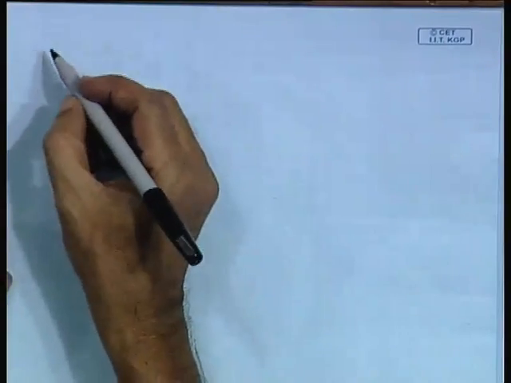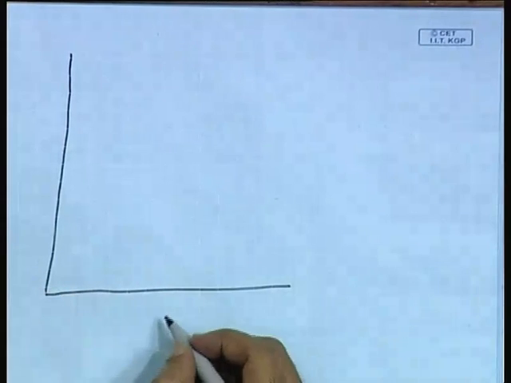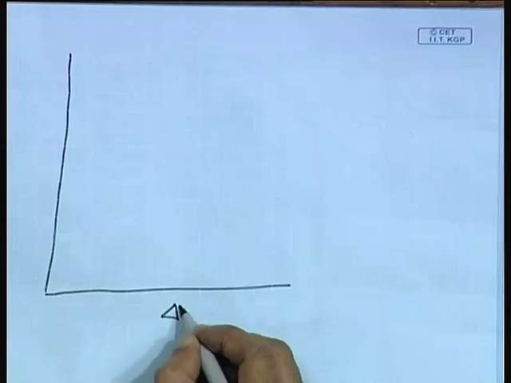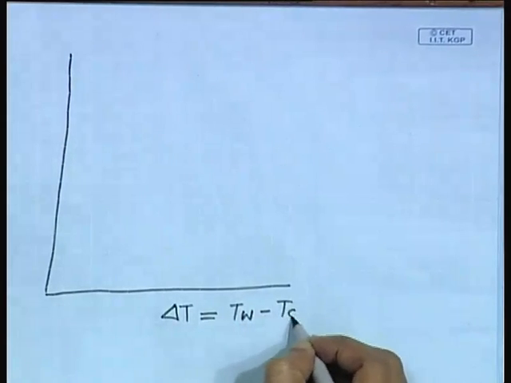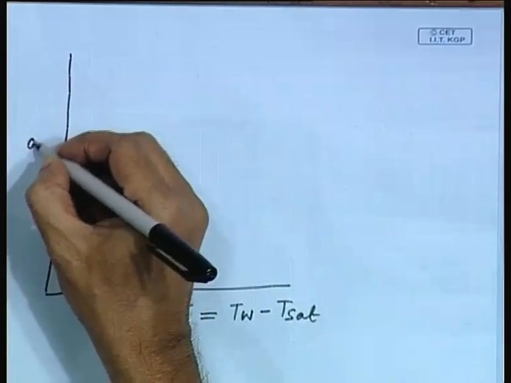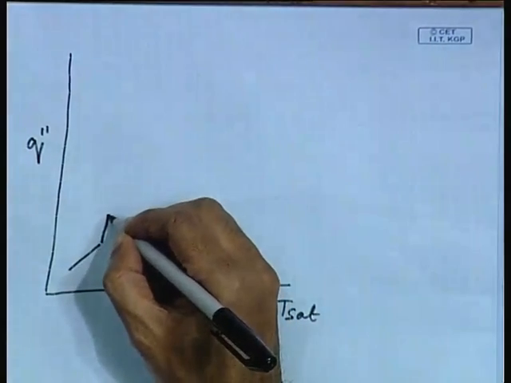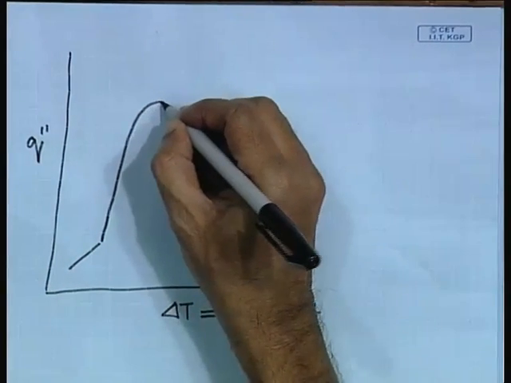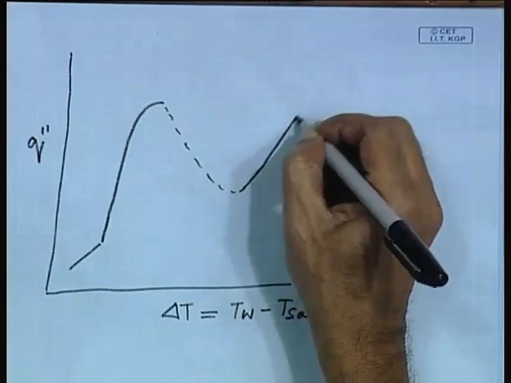Now, I have already pointed it out earlier, and this is a very basic thing that we have in a boiling curve. This is delta T, that means T W minus T saturated, and this side is heat flux. In the boiling curve we have different regimes of boiling.